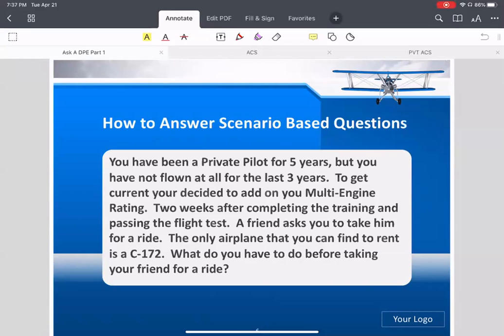Well, here's the other thing that is not directly asked in there. To carry passengers, you mentioned the 3 takeoffs and landings in the last 90 days. You've been a private pilot for 5 years. What else do you have to have? An instructor sign off? Don't you have to basically take like a mini recheck ride with someone and have them sign off and say that you're proficient?